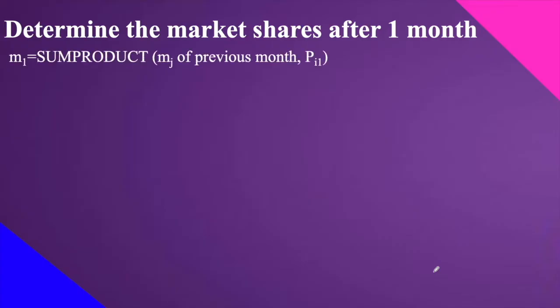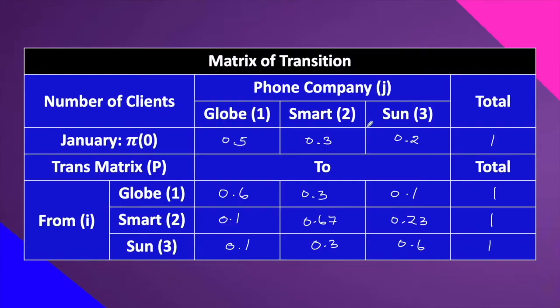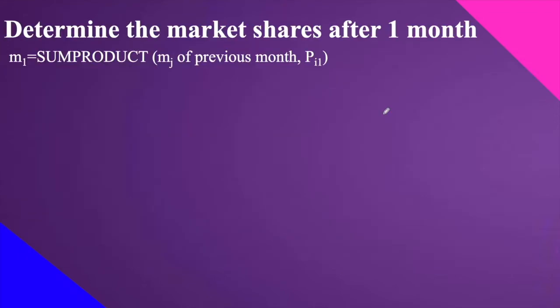Okay? So, the first formula is M sub 1. Again, this is market share, the market share of Globe because Globe is our number 1. The formula is the sum product of the M sub J. What is M sub J? J stands for the phone company: Globe, Smart, or Sun. Next, M sub J of the previous month, and of course, P sub I 1.